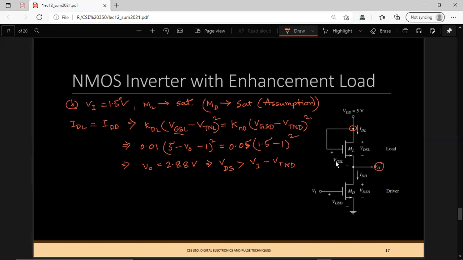So it clearly satisfies our assumption. So the output voltage is 2.88 volt, and from here we can calculate the drain current.